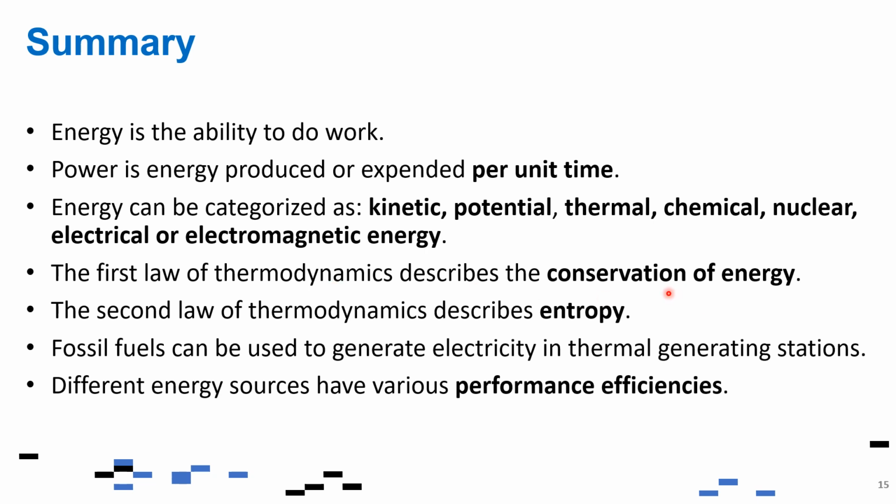It's just transforming. And then there's always a loss in the system. So coming from the primary energy source towards the end user supply, we'll have a lot of loss throughout the system. And fossil fuels can be used to generate electricity in thermal generating stations, which make up more than 80% of the world energy supply.